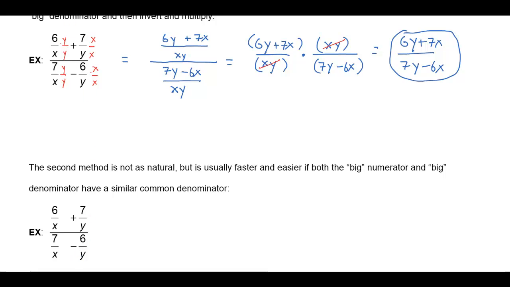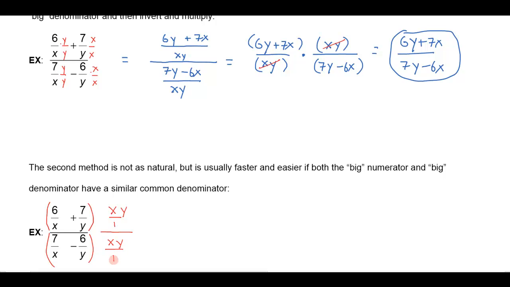So what I'm going to do is multiply the whole numerator of this big fraction and the whole denominator of the big fraction by that least common denominator. I'm going to multiply by xy over xy.